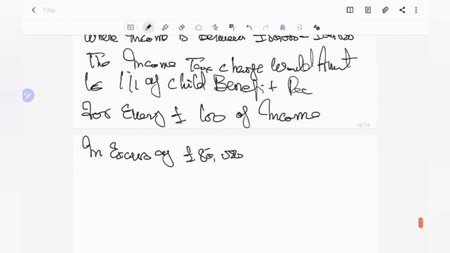The following information will therefore be provided in the tax rates and allowances section of the examination paper. Where income is between 50,000 pounds and 60,000 pounds, the charge is 1% of the amount of child benefit received for every 100 of income over 50,000.